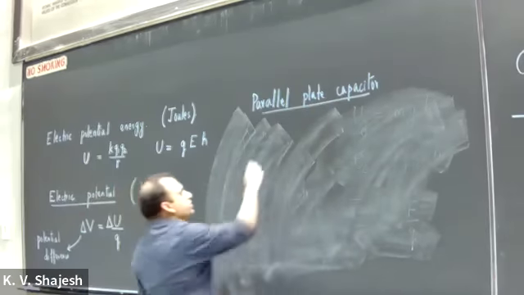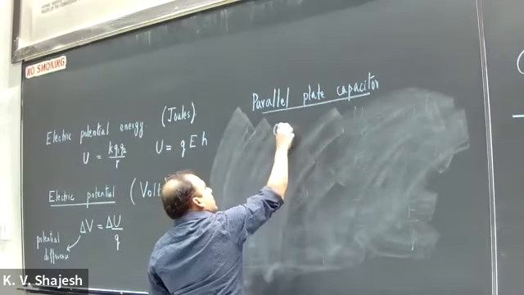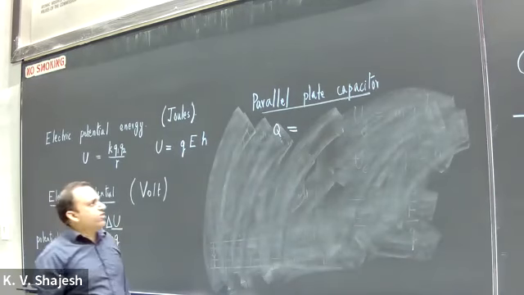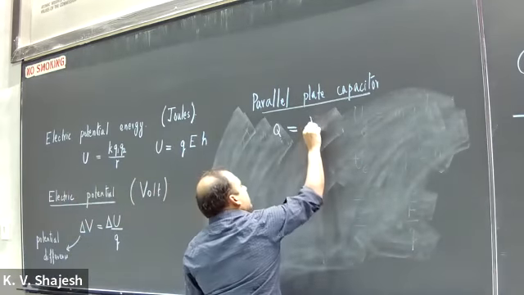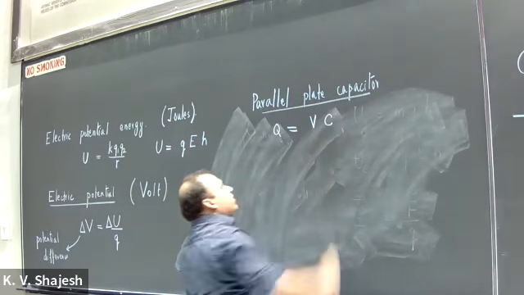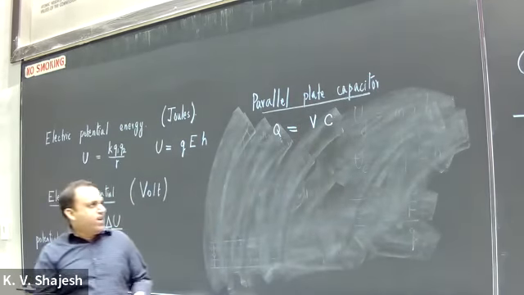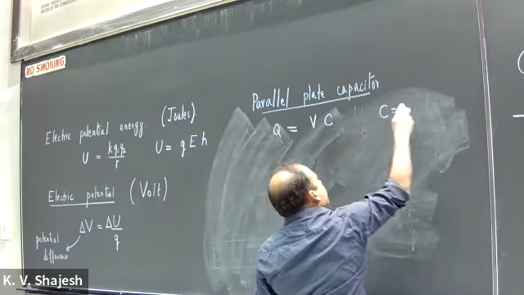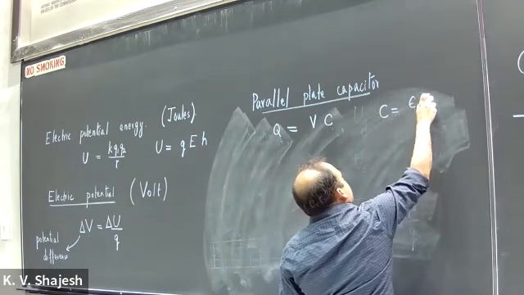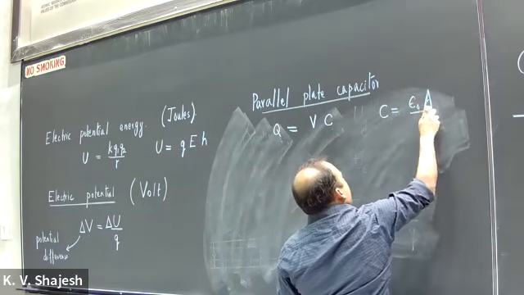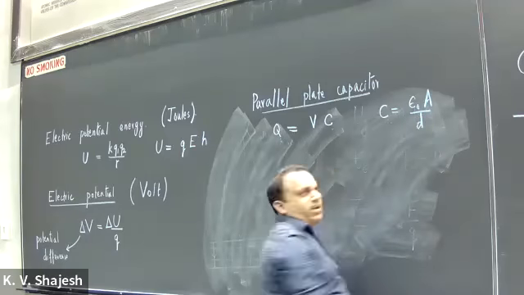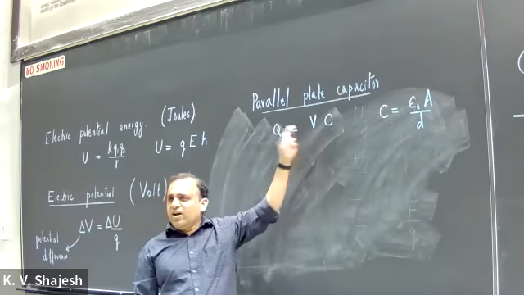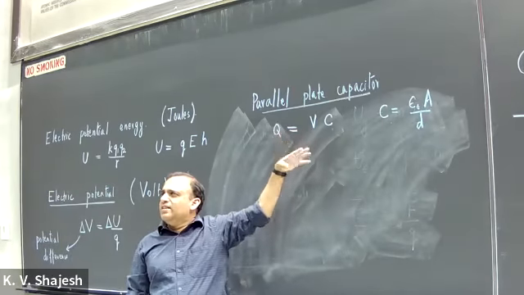So Q, the charge you can store in a parallel plate capacitor, is V times C, where the capacitance C is equal to epsilon naught times A over D. This is the relation that will play an important role in the next two lectures.